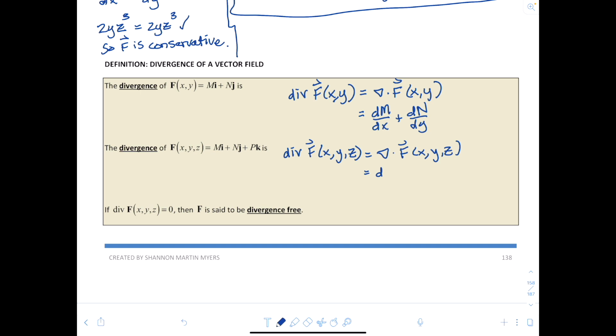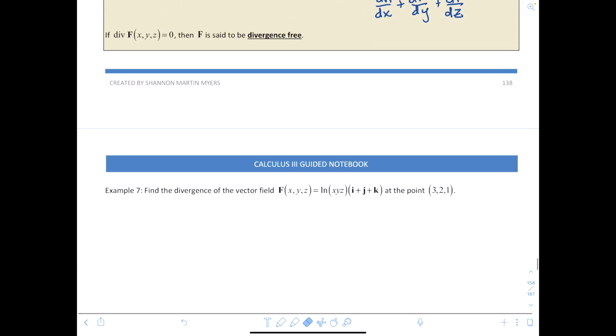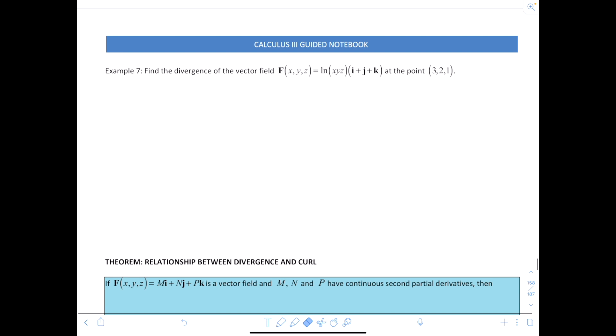We don't have vectors at the end. So dm dx plus dn dy plus dp dz. If the divergence of that vector field is 0, then f is said to be divergence free. Okay?